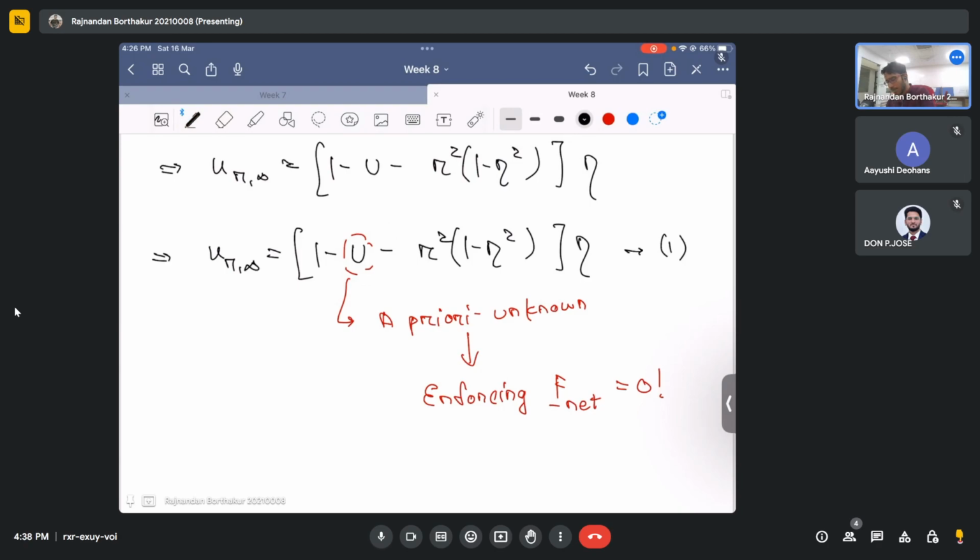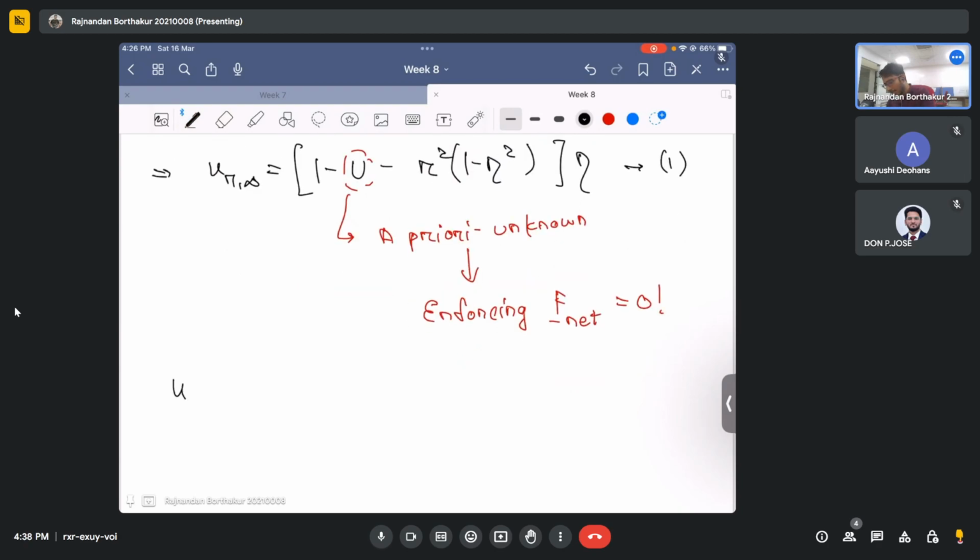Similarly, u theta, or u eta, whatever you write, infinity is nothing but minus uz infinity times sine theta, which means it is times square root of 1 minus eta squared.